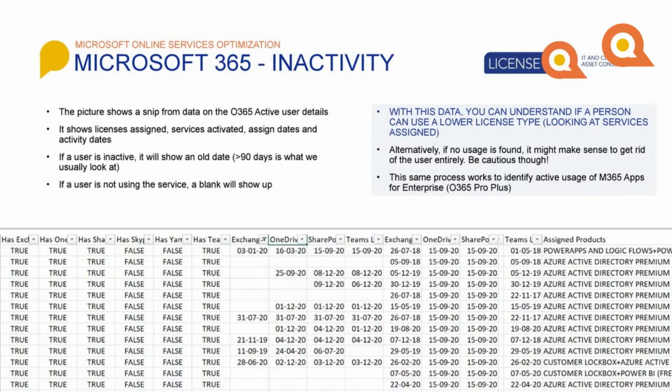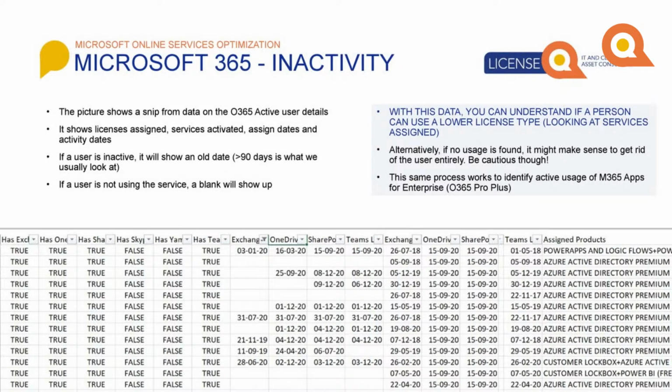It also shows you, of the licenses that were assigned, what type of services have been turned on. So has Exchange been turned on? That's true. OneDrive, also true. Skype for Business, not, false. Yammer, also not been turned on, so also false. And Teams, also true. So with this, you already get a lot of information.